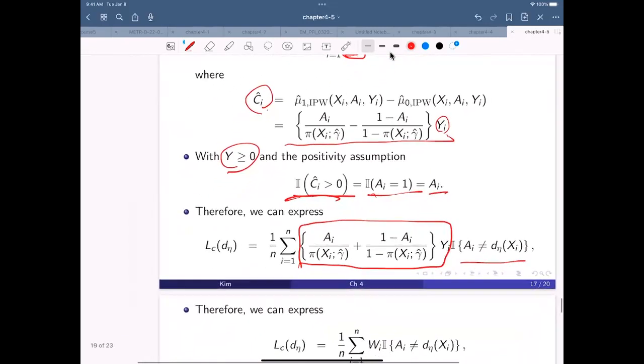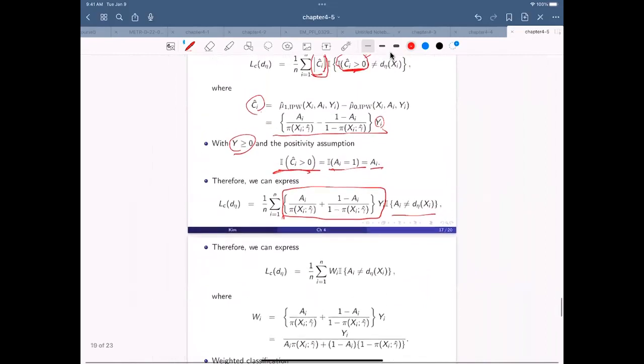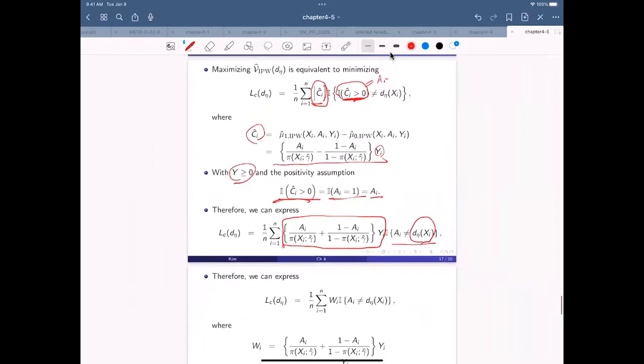The idea, if I understand correctly, is to construct it, to find the D. Right. So for the previous method, the optimal D is the indicator of C_i not equal 0, right? Okay. But in this case, it's not.